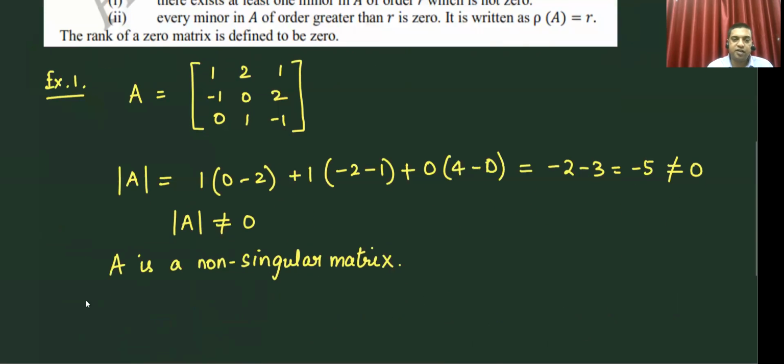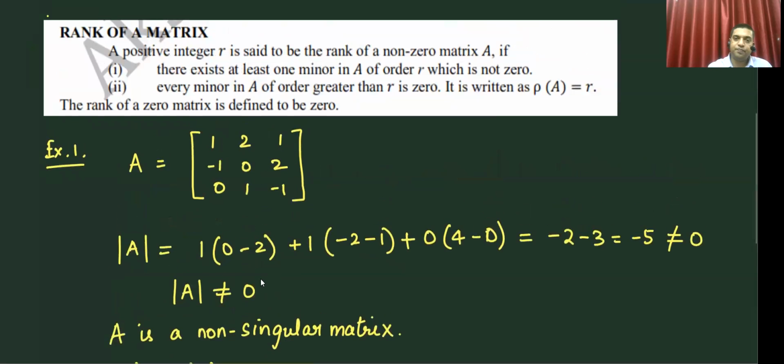So A is non-singular and it is 3 by 3. So the rank of A is 3, because the third order determinant is non-zero.